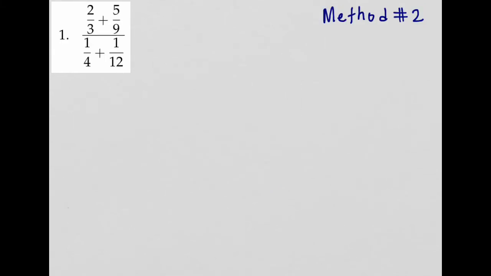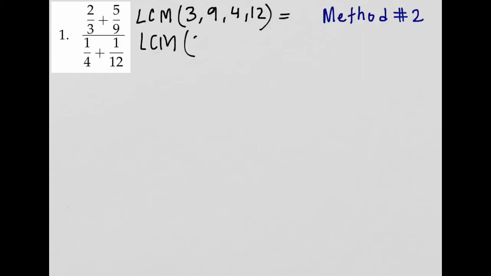Now I'm going to solve the same problem using method number 2. To do that, I'm going to find the least common denominator of the fractions 2 over 3, 5 over 9, 1 over 4, and 1 over 12. But that's equivalent to finding the LCM of 3, 9, 4, and 12. So the LCM of 3, 9, 4, and 12 is equal to the LCM of 3, 3 squared, 2 squared, and 2 squared times 3.